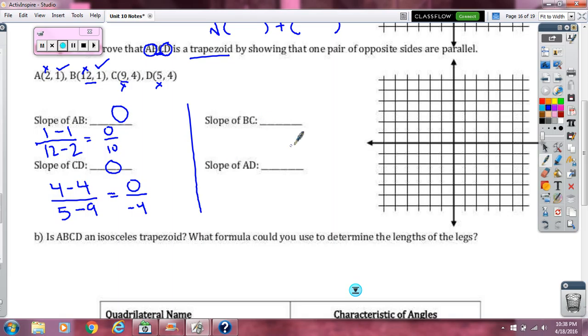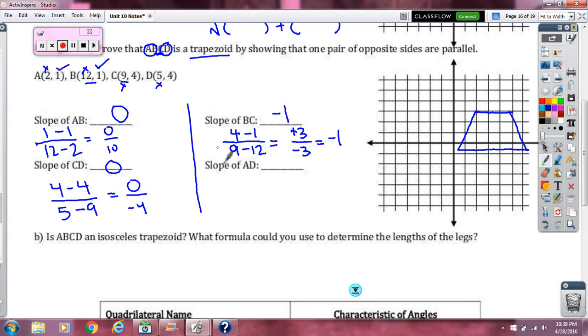And to make sure it's not a parallelogram, I want to see different slopes for B, C, and AD. Basically, when you graph this thing out, it's going to look something like this. So BC would have a slope of 4 minus 1 over 9 minus 12, which is positive 3 over -3, or -1.